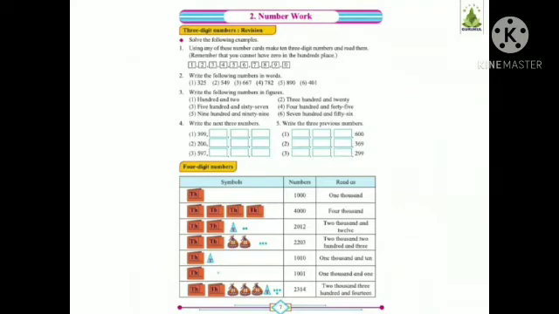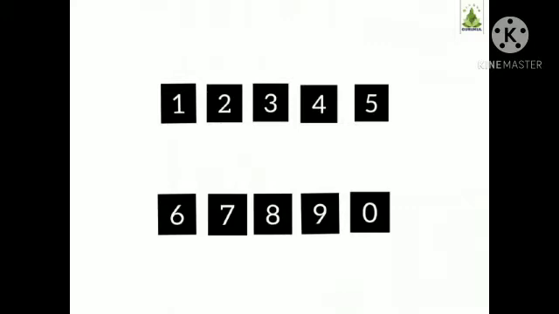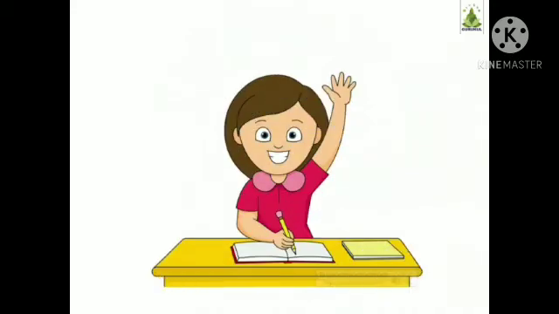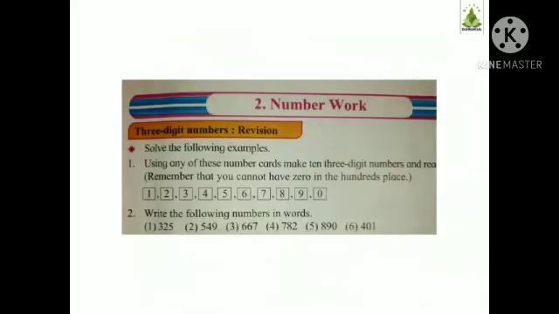Refer to page number 7 of the maths textbook. Using any of these number cards, make 10 3-digit numbers and read them. Can you do this? Yes, teacher. I will choose number cards 1, 2, 4 and I will write the 3-digit number 124.